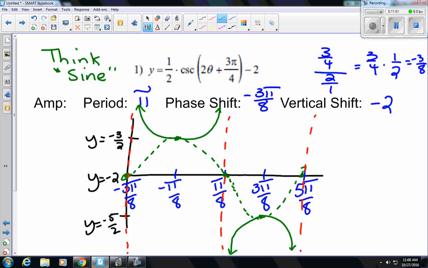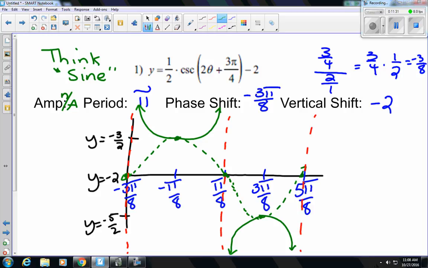Therefore, there is no amplitude. Actually, the only two trig functions that have amplitude are sine and cosine. None of the other trig functions have amplitude at all. We use that a value, though, to get the maximum and the minimum points so that we know where to put the maximum line and the minimum line, but it really doesn't have an amplitude unless you're talking about sine or cosine. All right, any questions about this one?